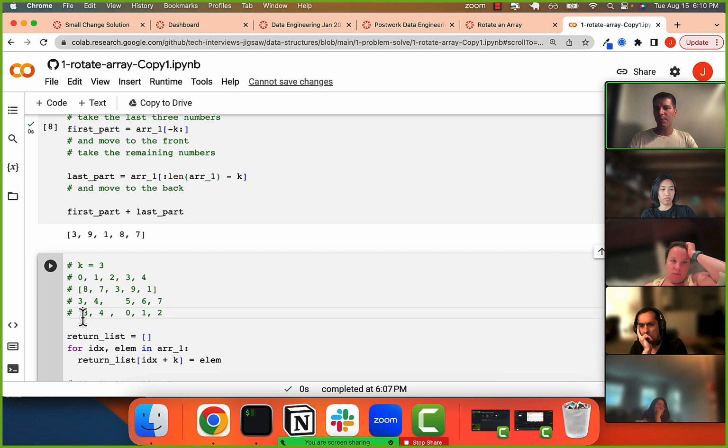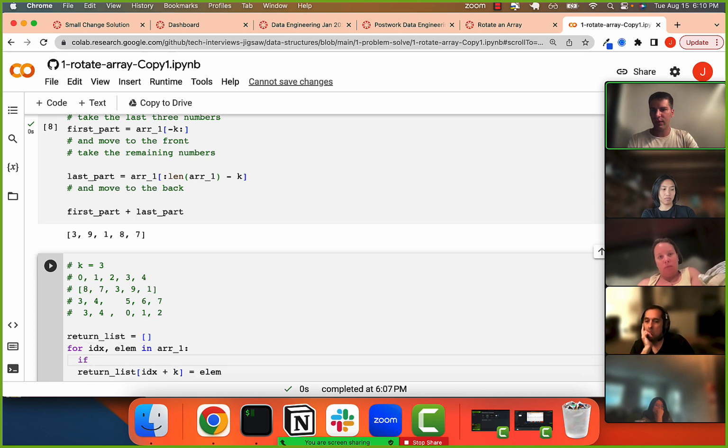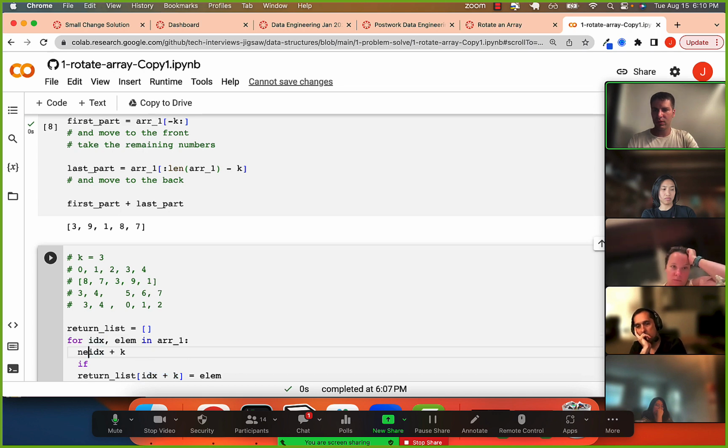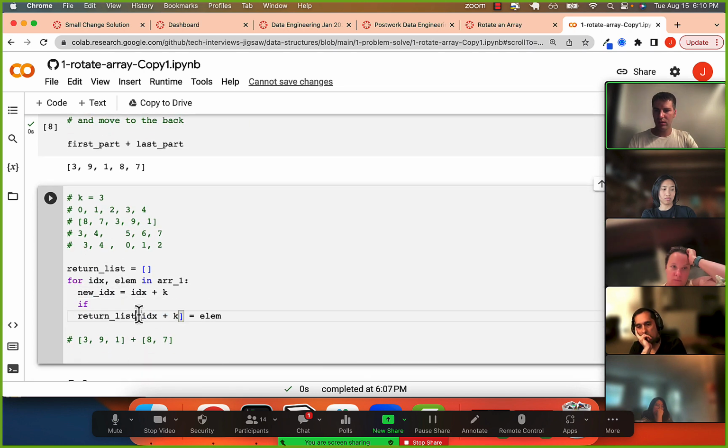But that's only up until, maybe it's k plus 1, I'm not sure. It's only so long as the element we're adding is less than the length of the list. We'll call this the new index. So if the new index is less than the length of array 1 minus 1, then we'll set this here.